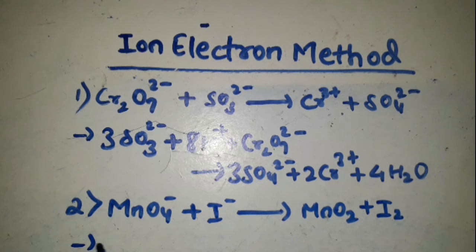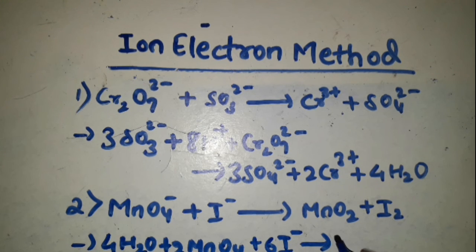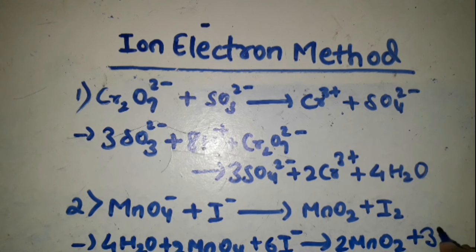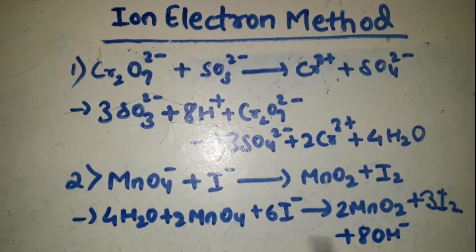And the answer of this question will be 4H2O plus 2MnO4 minus plus 6I minus, that gives 2MnO2 plus 3I2 plus 8OH minus. If you have understood the OH minus ion concept, then you can solve it.